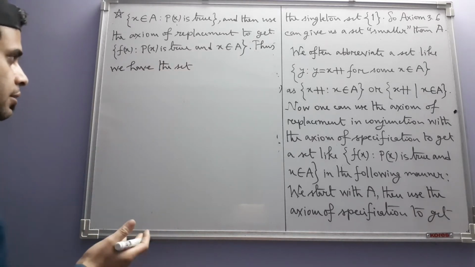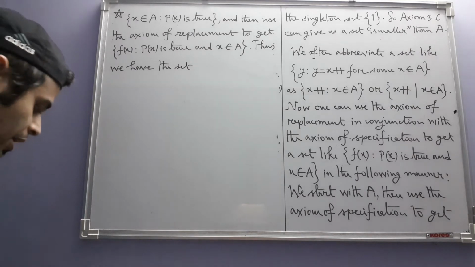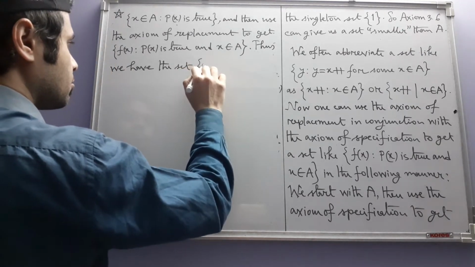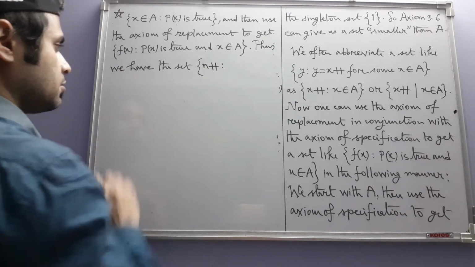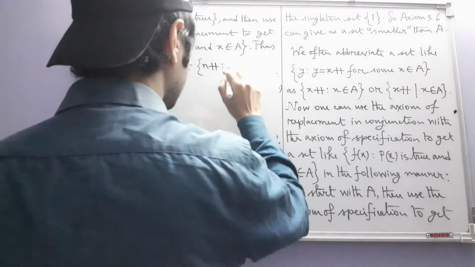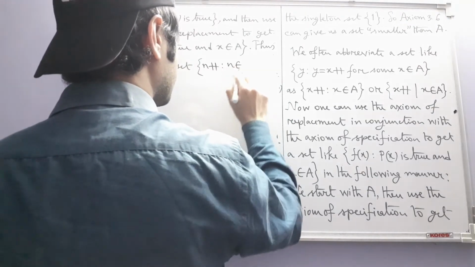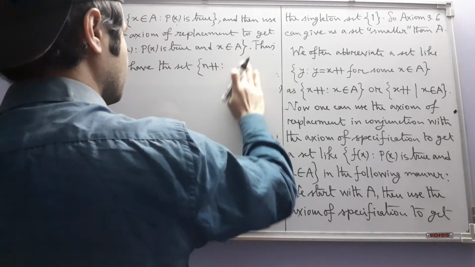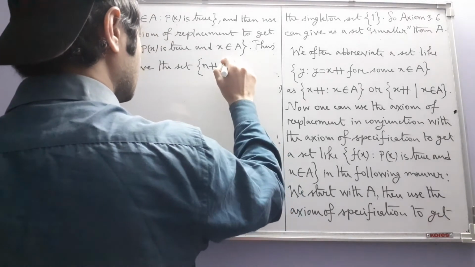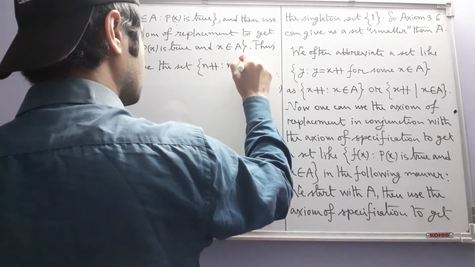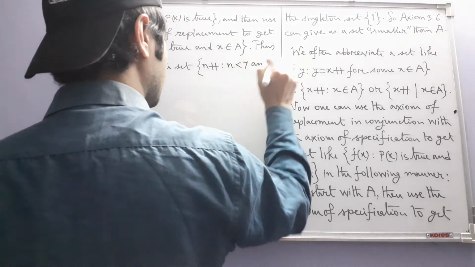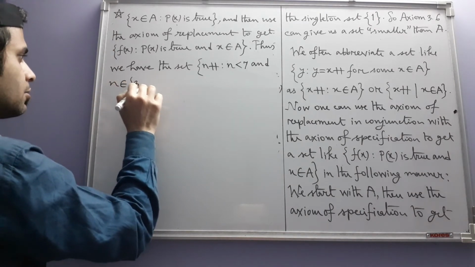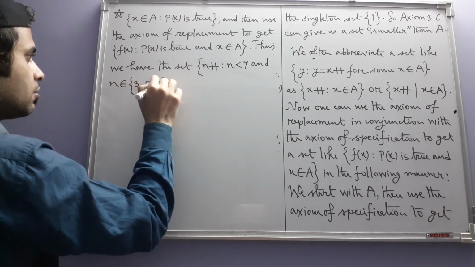For example, we can apply this procedure to have this particular set: the set of all successors of n such that n is less than 7 and n belongs to {3, 5, 9}.